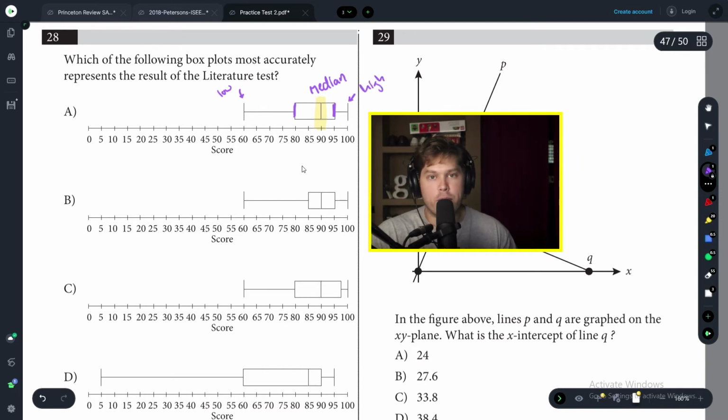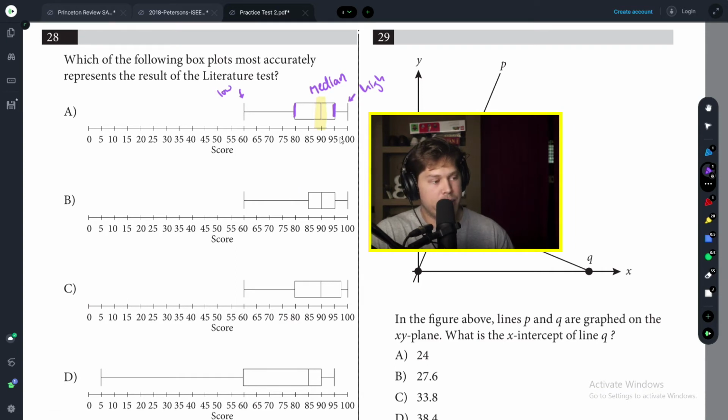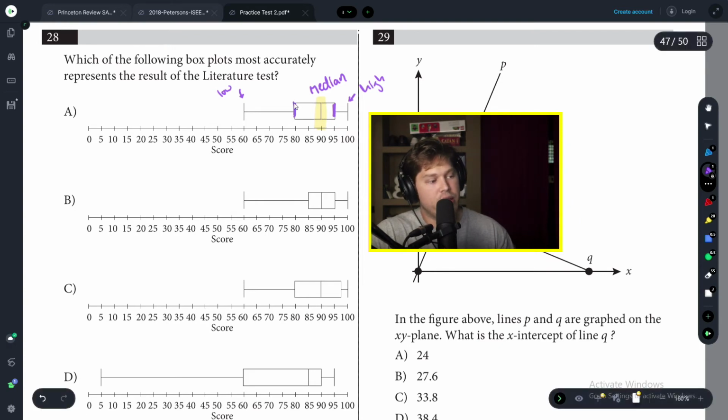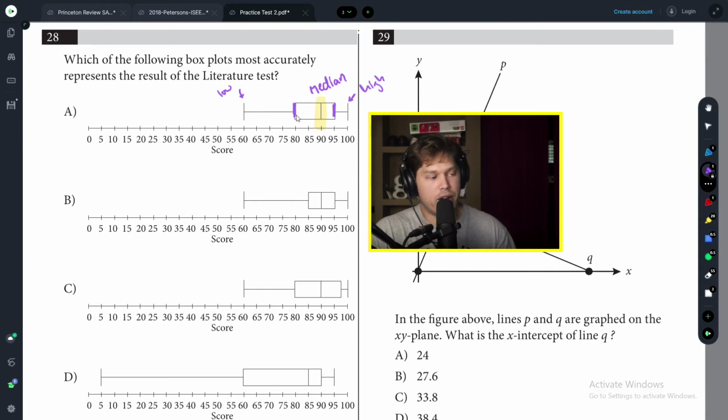So box-and-whisker plots are all about the median. Again, the center line is the overall median. The lower end of your box represents the bottom half's median, and the upper end of your box represents the upper half's median, and then you have the extremes.